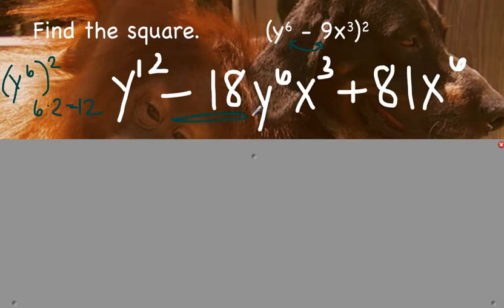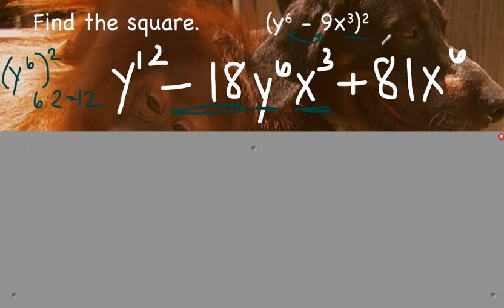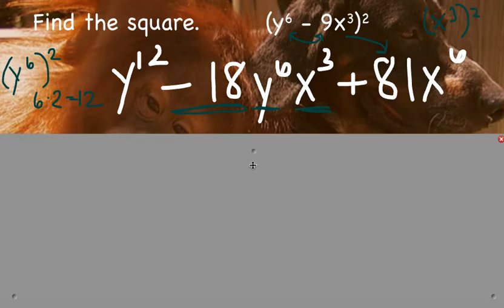And then we just tack on our y to the 6th and our x cubed. Okay? And then the easiest step, just like the first one, we're going to square our last term. So negative 9x cubed squared will give us 81x to the 6. And that x to the 6 is coming from x cubed being squared, so we just multiply the 2 and the 3 together.